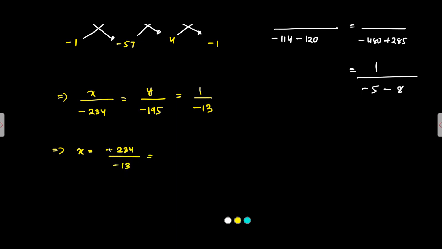So it is plus, 13 into 18 is 234, so x is 18. And y is equal to minus 195 by minus 13. So again 13 into 15 is 195, so it is 15. Yes. So x is equal to 18 and y is equal to 15.